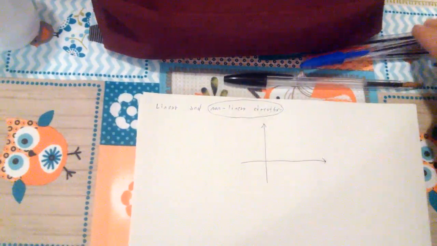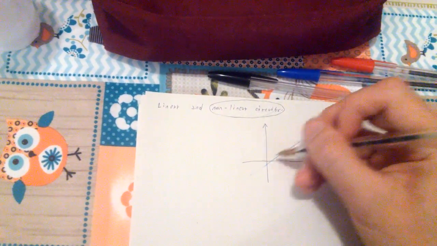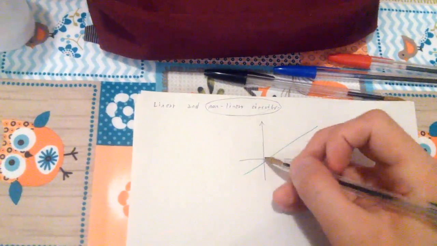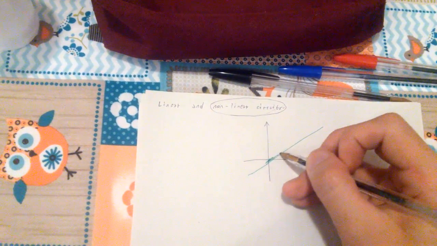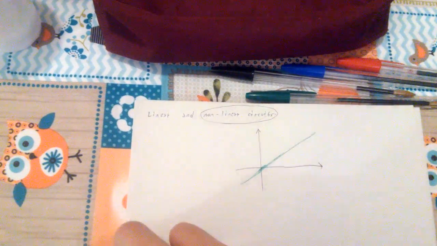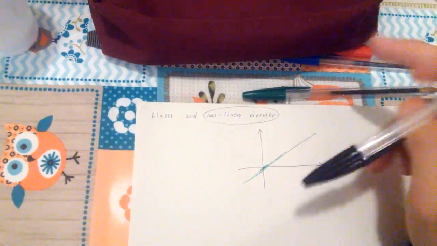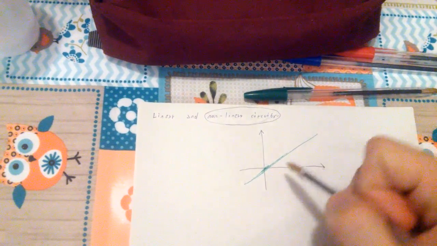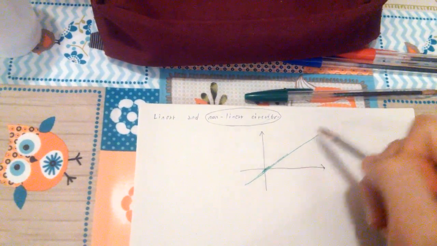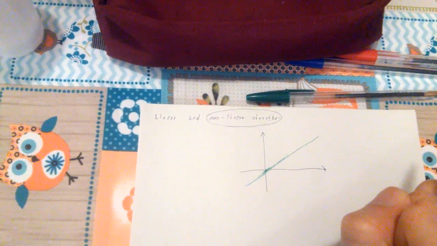For instance, a resistor has the voltage-current characteristic which can be represented as a straight line, so it is a linear component.